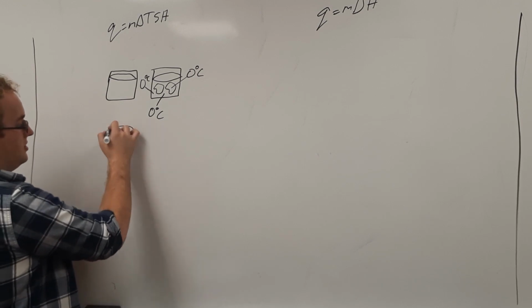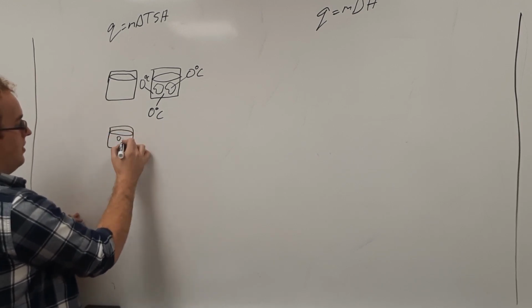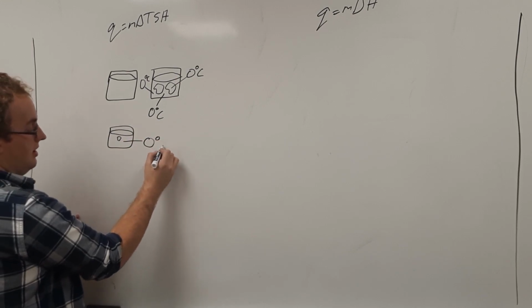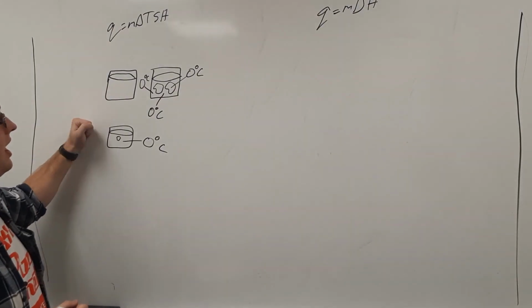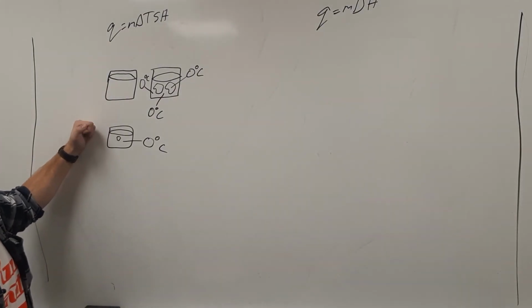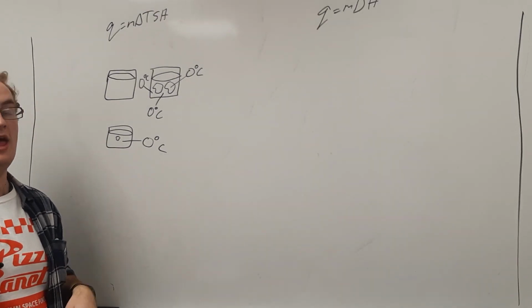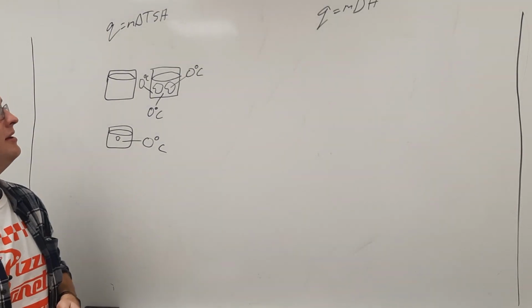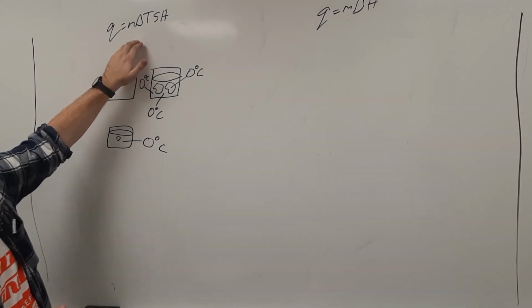Now, if we measure it up until the point where there's just a little bit of ice in it, and the rest of it is water, all of it is still 0 degrees Celsius. The material will stay at the melting point or the boiling point until all of it has changed phases. And then it can start to raise the temperature again. Now, if we use this equation, this would kind of not work, right?